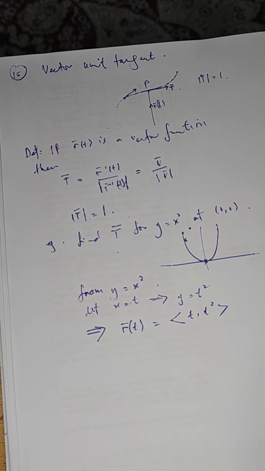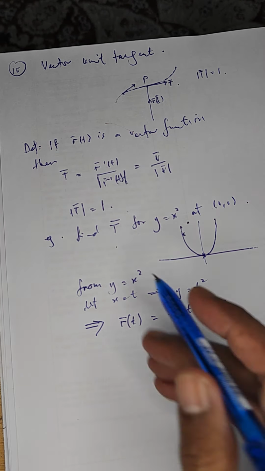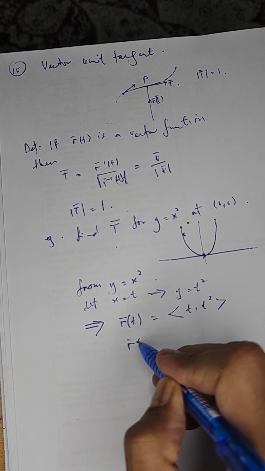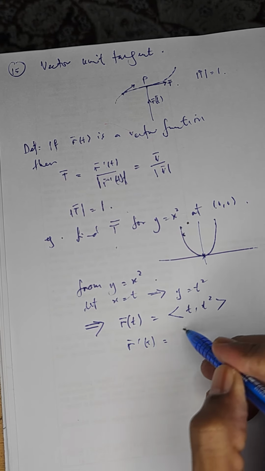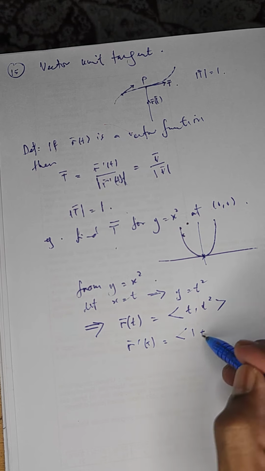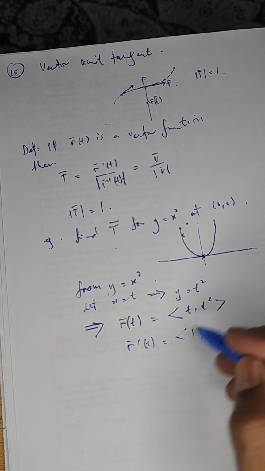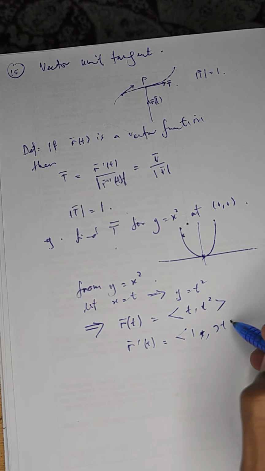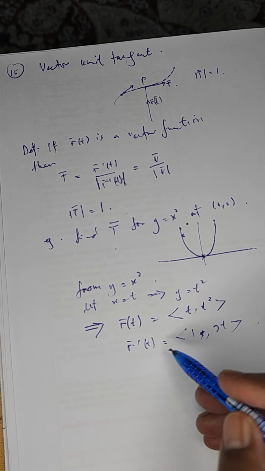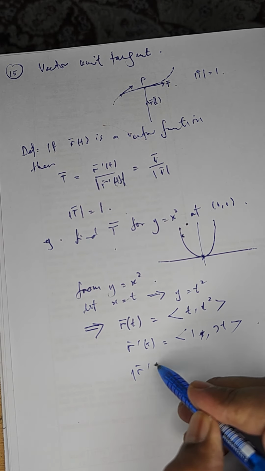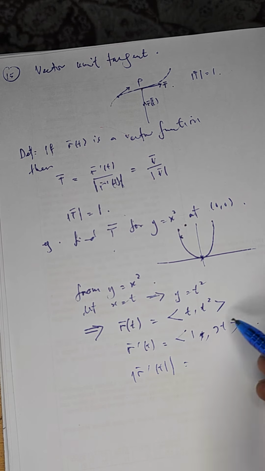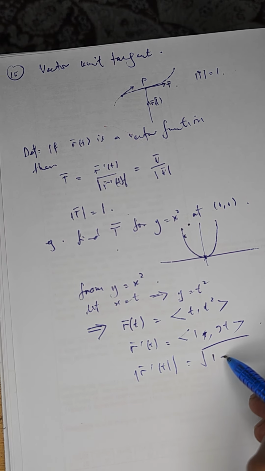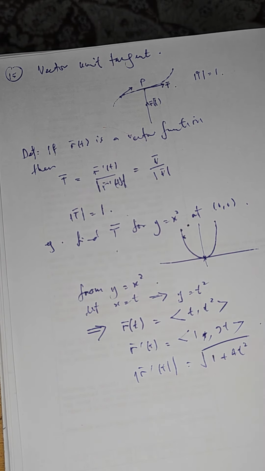Having obtained this, you can differentiate. r prime is (1, 2t), and hence the magnitude of that is the square root of 1 plus 4t squared.